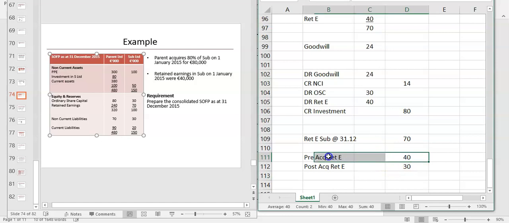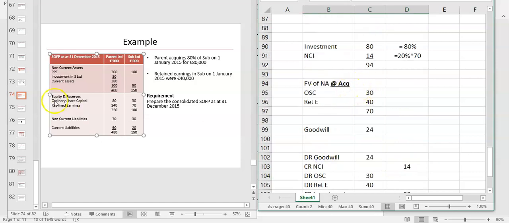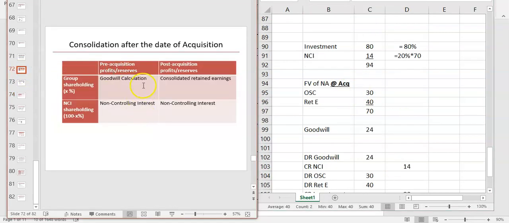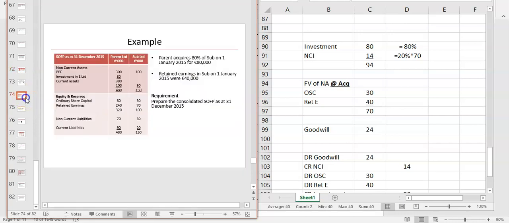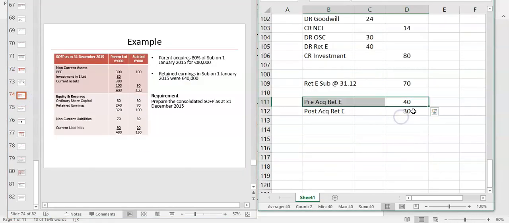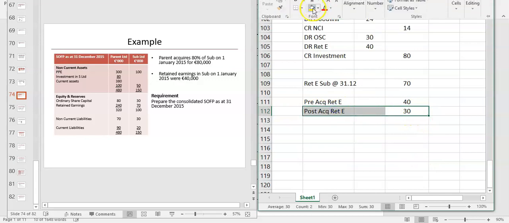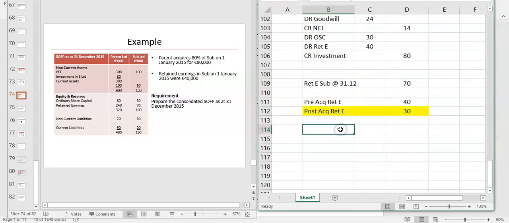So this 40 goes to the goodwill calculation, like I set up here, goodwill and value of the NCI. The other 30, that's post-acquisition. That is going to be split between group retained earnings, 80%, and NCI, 20%. Right?